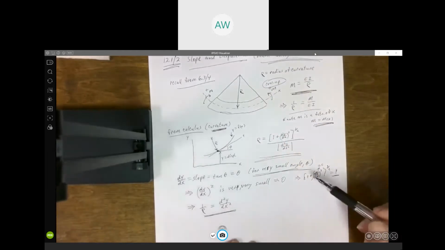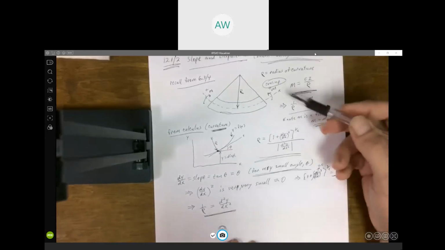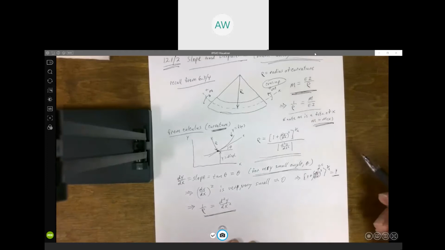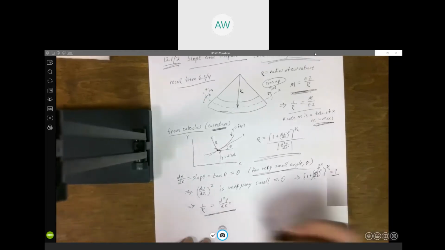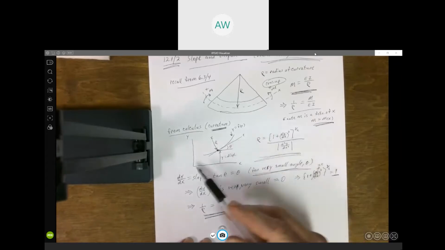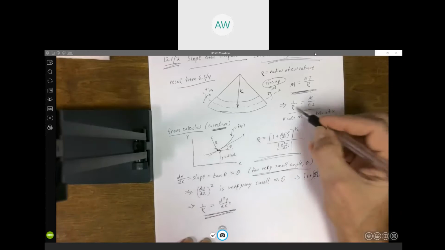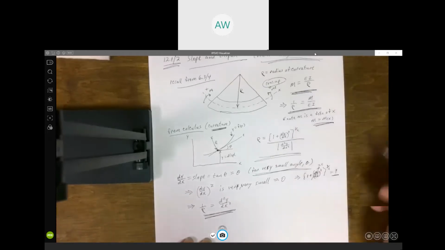That's what the second derivative tells you, the concavity. If it's positive, it's concave up. So if I have a positive moment causing concave up, I can get rid of the absolute value. So 1 over rho is equal to the second derivative of my deflection curve, and it's also equal to M over EI.